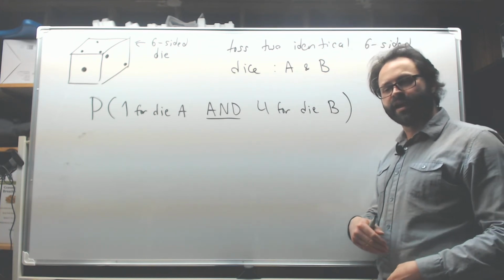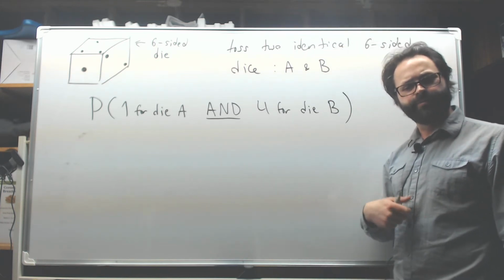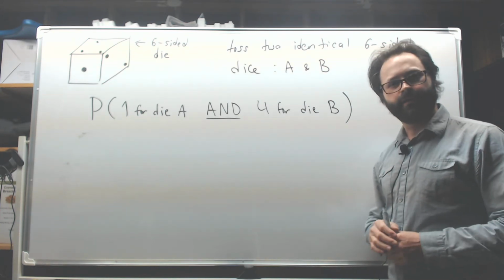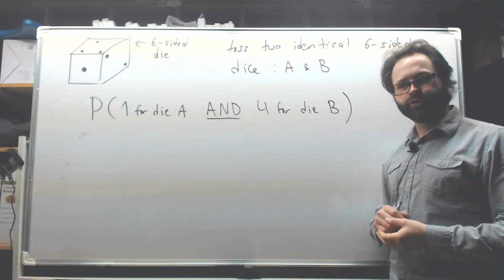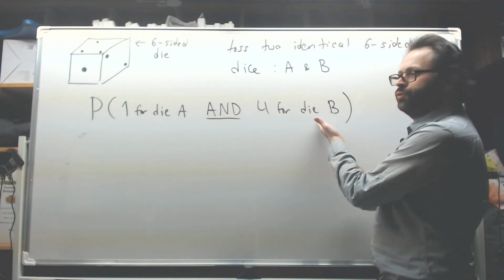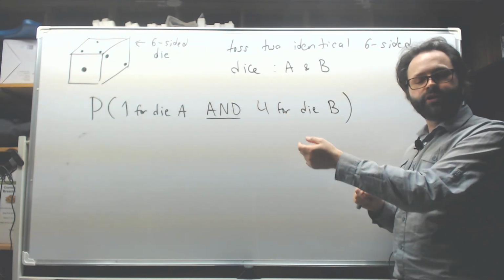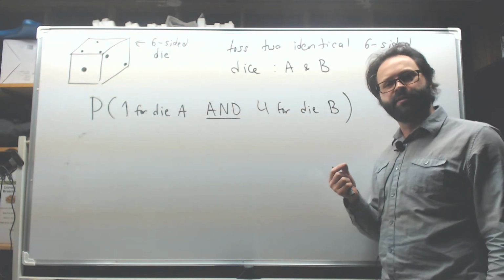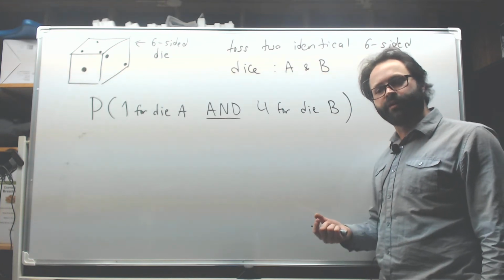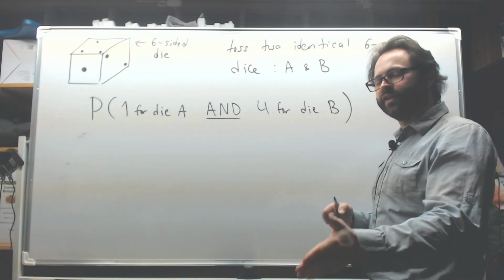The fact that die A, the first die, gave us face 1, and die B gave us face 4, we intuitively believe are unconnected. There's no reason to expect that die A giving a 1 is going to somehow induce die B to give you a 4 or not give you a 4. And so we believe that those events are independent. The probabilities for them are independent. They are uncorrelated. The fact that you get 1 does not have anything to do with the fact that you'll get the other.